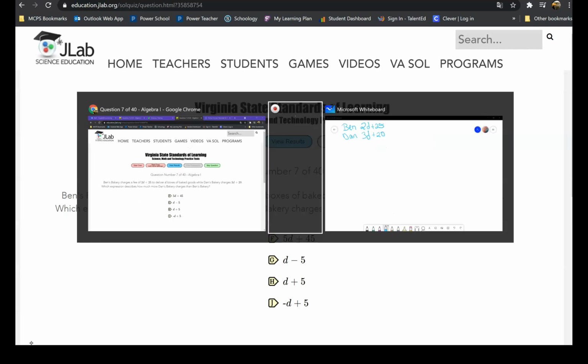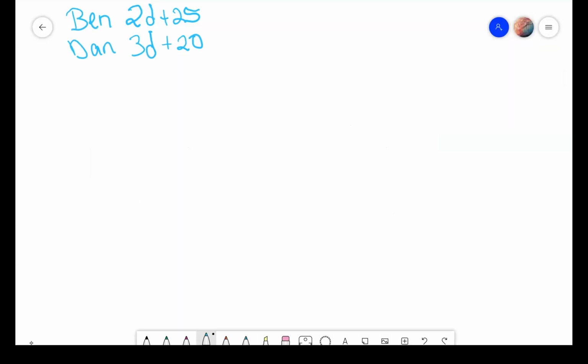So I'm going to go to my board, and I wrote down the information that I needed. So I need to subtract these two. Now Dan charges more per box than Ben, so I'm going to put Dan first. We're going to go 3D plus 20 minus what Ben charges.